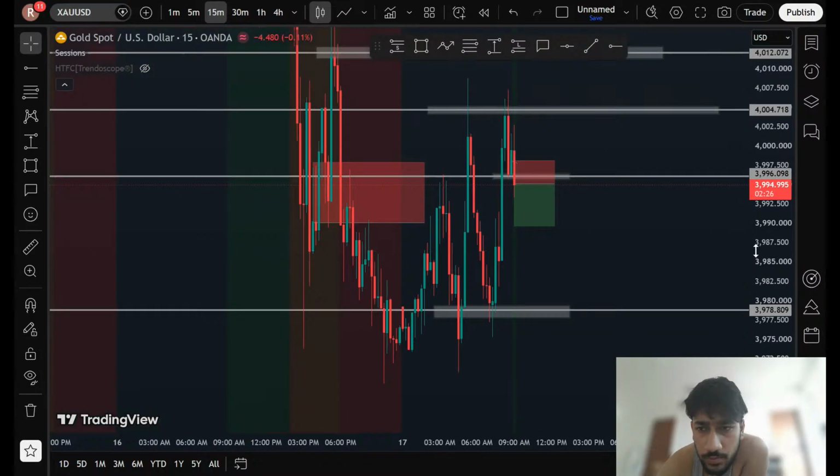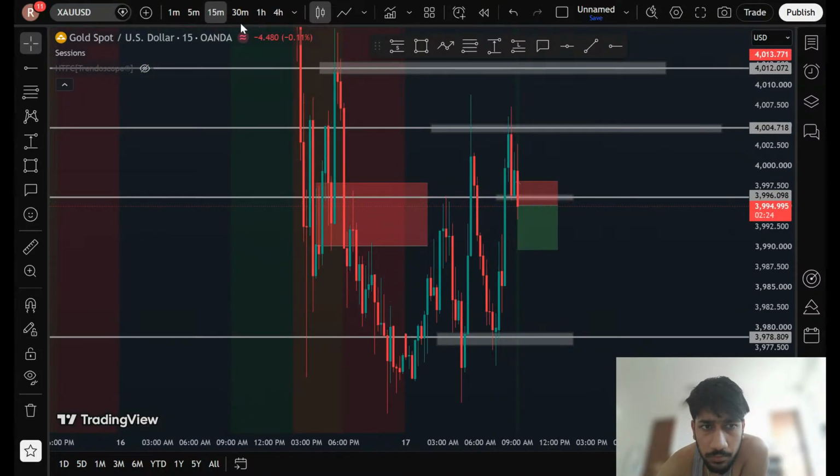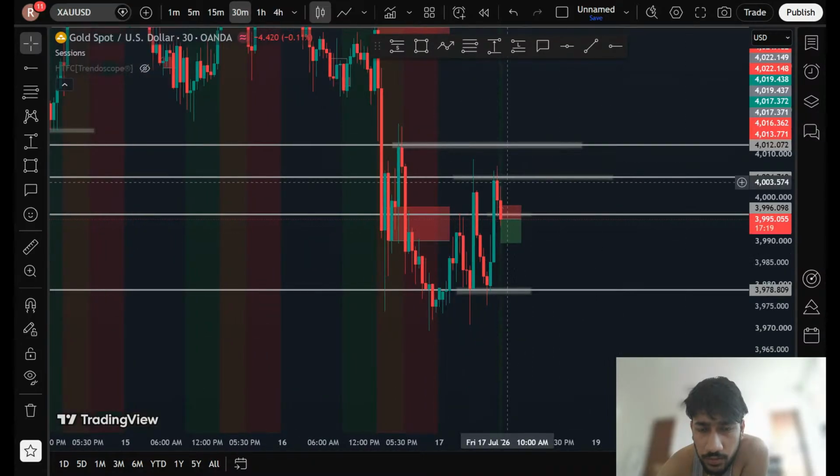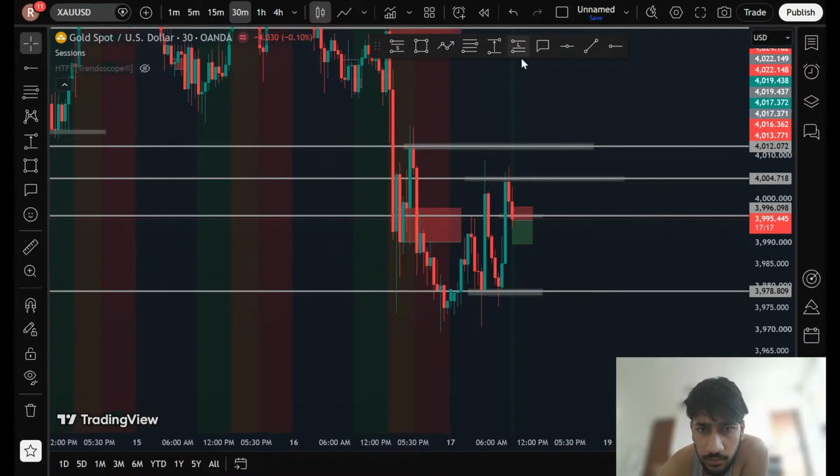The 15-minute candle broke below the low, impulse entry. 30-minute broke below the low, impulse sell.